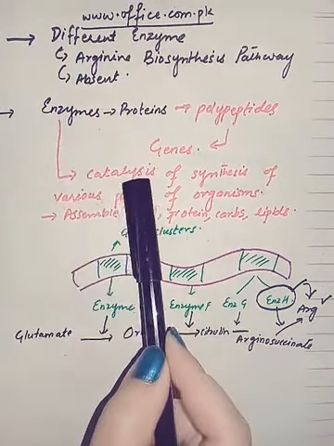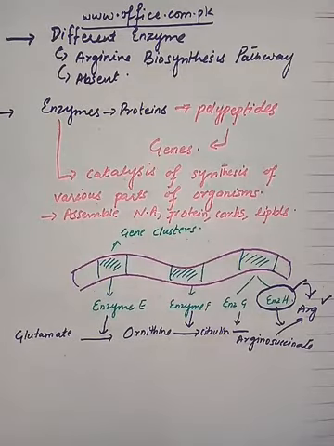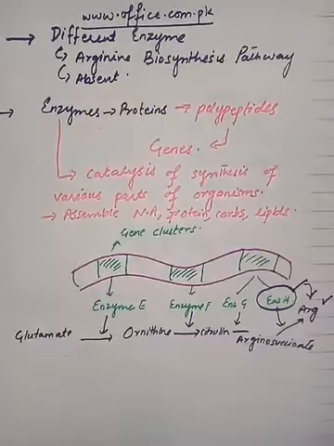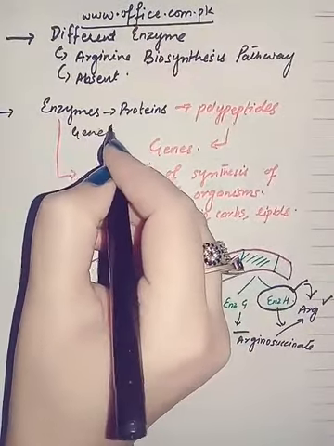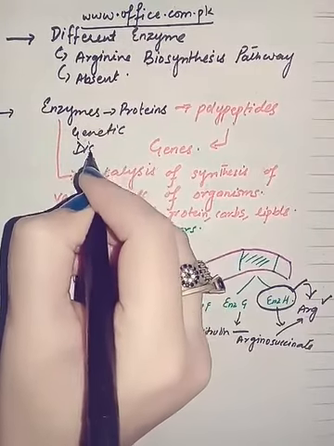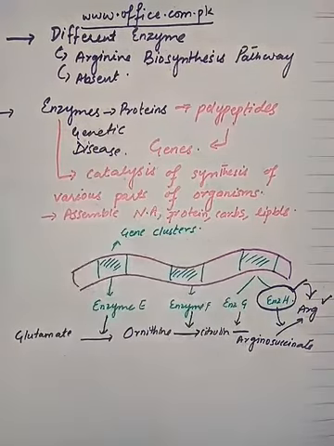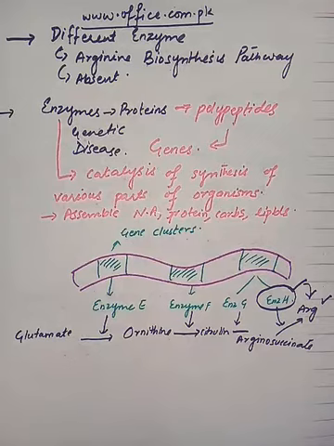And enzymes are involved in catalyzing pathways for the synthesis of various parts of the body of organisms, and any defect will result in genetic diseases. These diseases are genetic in origin and they cannot be easily treated, and nutrients, they play a very important role because a particular gene will encode for a particular enzyme.